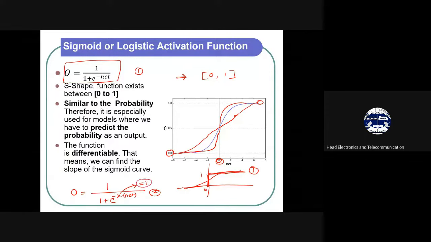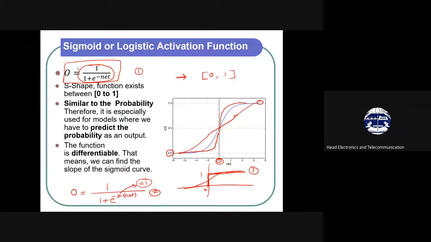There is a normal practice that we keep this lambda equal to 1. So there won't be any headache in setting the neural network. We have to set so many parameters, so we don't want one more parameter to play with. So directly we can put lambda equal to 1 and we land on this equation. This is an S-shaped function. The output is in the range 0 to 1, which looks very similar to probability, because probability is also in the range 0 to 1.